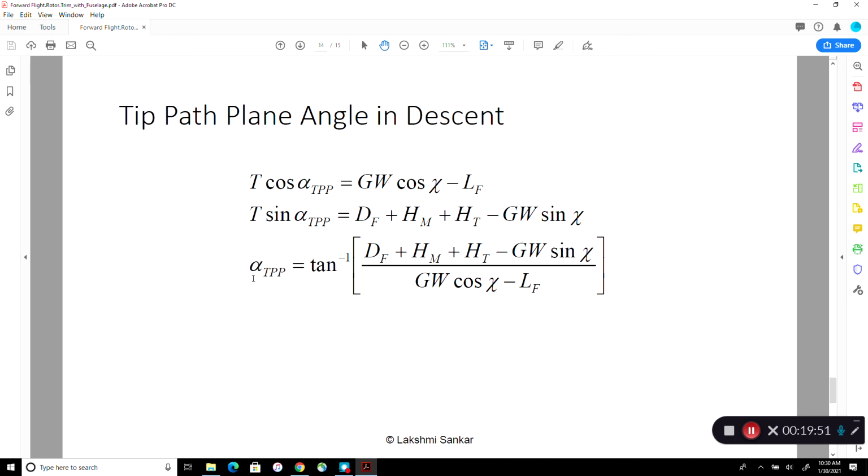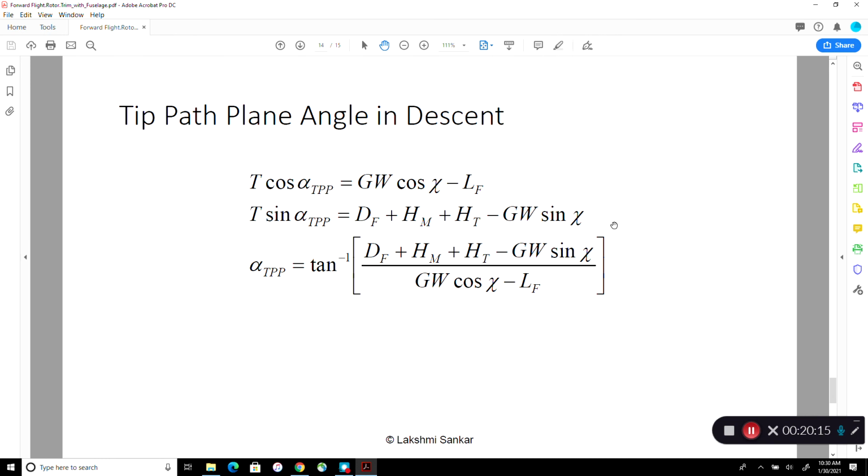So when we do this, you get this value. This is similar to what we saw before, except now you have this rate of descent showing up in here. So if chi was 0, we'll go back to trimming when under power. So when you lost the power or when you're under partial power, chi becomes another variable.